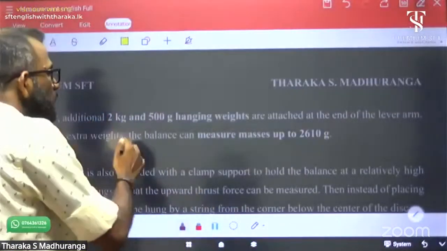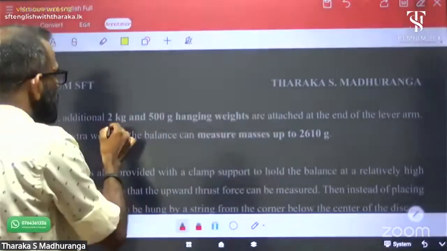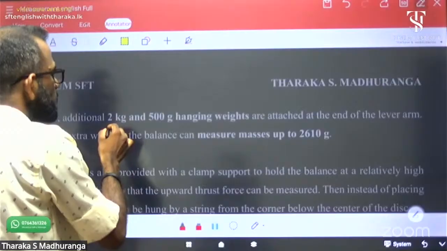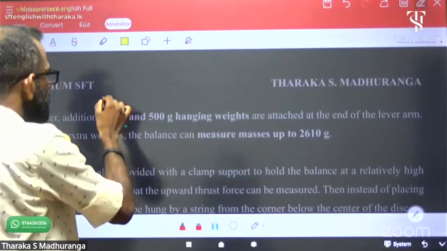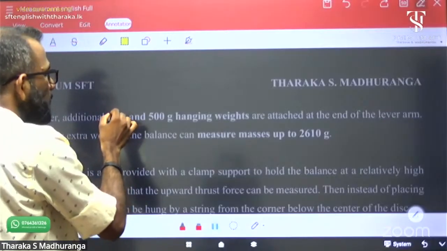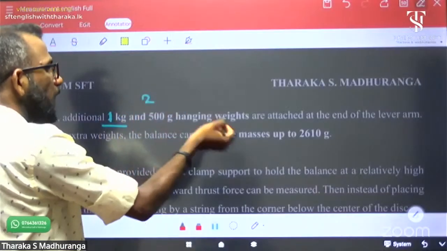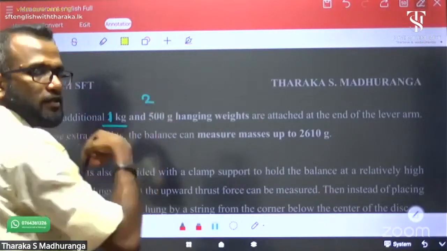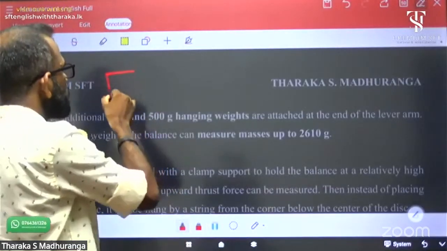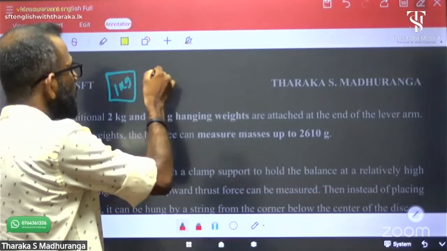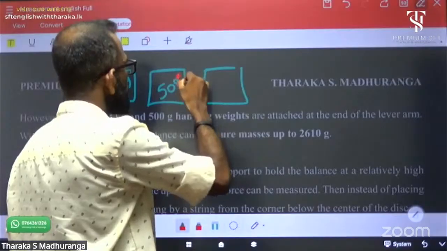Please note down: 1 kilogram and 2 500 gram.